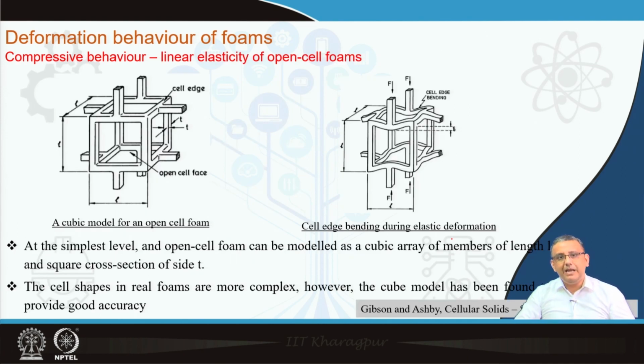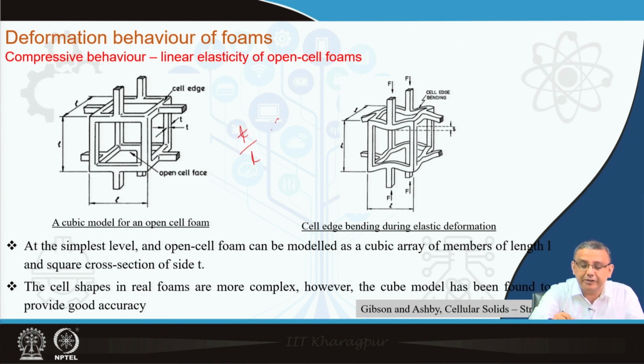Now this deformation behavior of the open cell foams has been explained rigorously by Gibson and Ashby. They have assumed these ideal cubic or cubical cell structures, where the cells have been assumed to have specific lengths of L and cell edge thickness of T. This T by L ratio, as we already know, is proportional to rho star over rho s, which is the relative density.